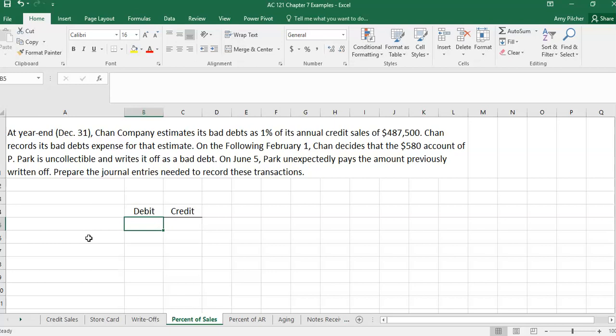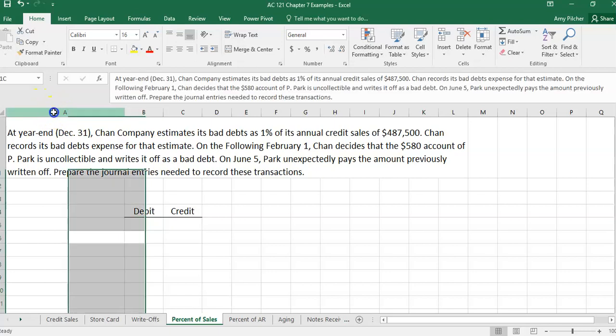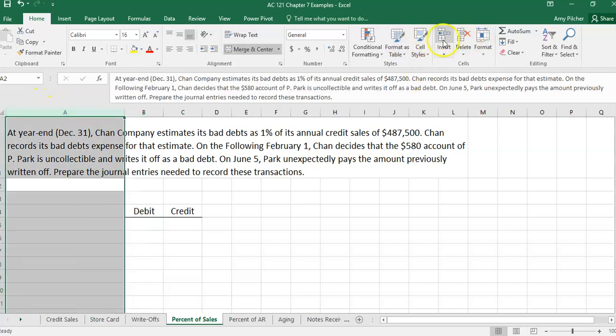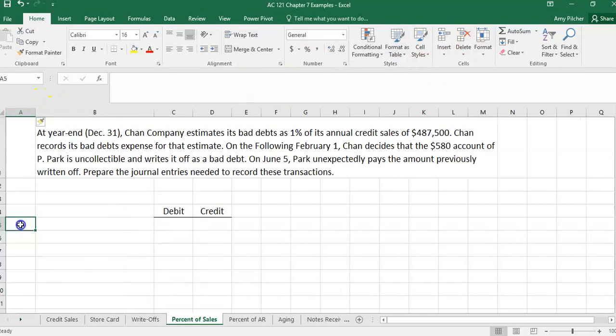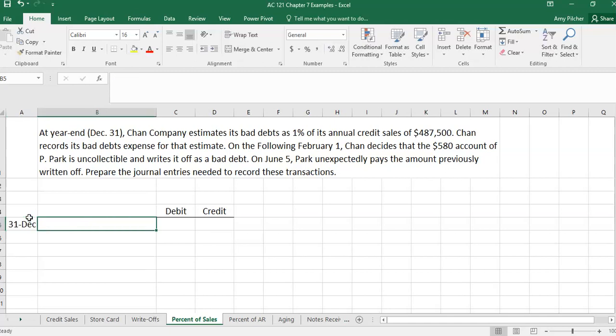With that estimate, we need to prepare an adjusting entry at the end of each period that records our bad debt expense against the sales in that period. So our first entry is here at year end on December 31st. We need to record our adjusting entry for bad debts expense.